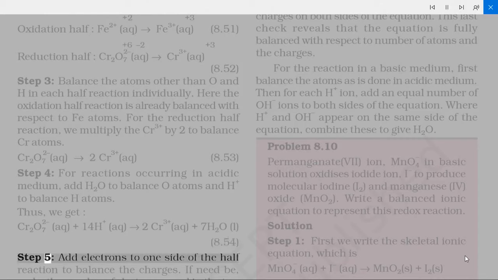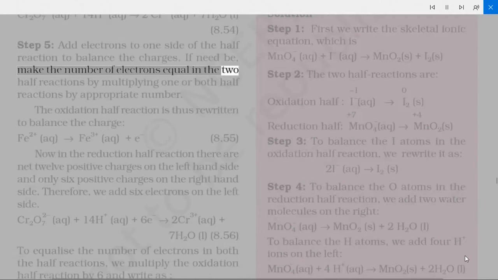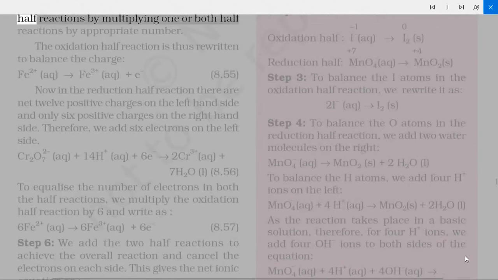Step 5. Add electrons to one side of the half reaction to balance the charges. If need be, make the number of electrons equal in the two half reactions by multiplying one or both half reactions by an appropriate number. The oxidation half reaction is thus rewritten to balance the charge. Fe²⁺(aq) → Fe³⁺(aq) + e⁻ (8.55).